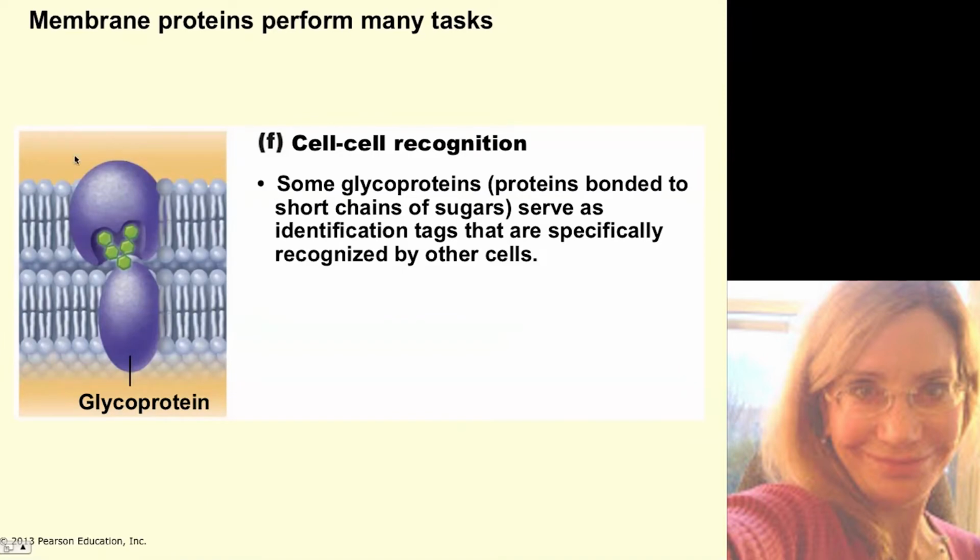Cell-cell recognition proteins. These are actually called glycoproteins, as they have a little sugar chain attached to the protein. And these serve as identity tags. So it's like wearing your name tag in an institution where the people that work there will know when they see your identification tag that you belong there. And so this is similar to the cell-cell recognition proteins in your body.